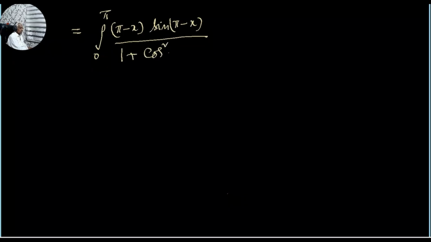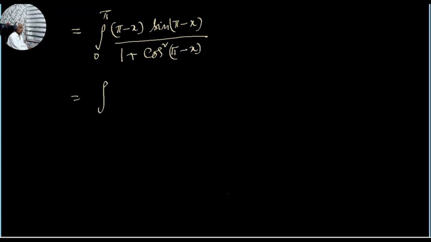So this becomes, given limits are 0 to pi, pi minus x, sin of pi minus x. We are adding these limits 0 and pi, a plus b minus x, so it becomes pi. So pi minus x, sin of pi minus x, whole divided by 1 plus cos square. Here also there is x, we write pi minus x. Every x has become pi minus x. That is King's rule.